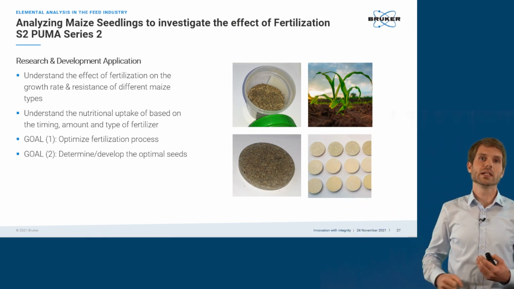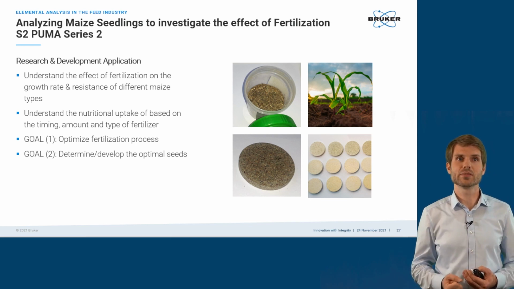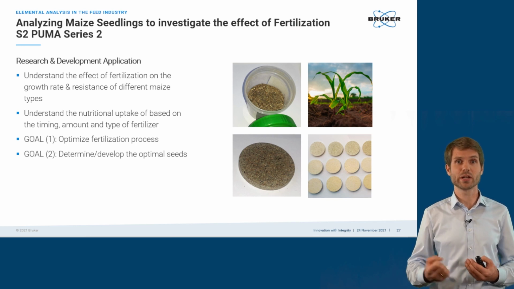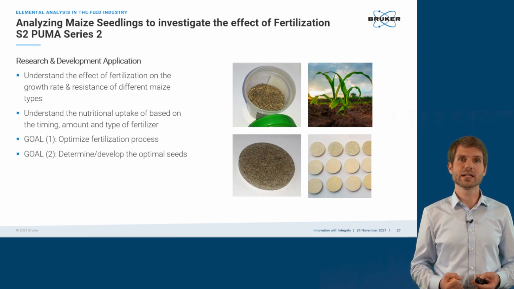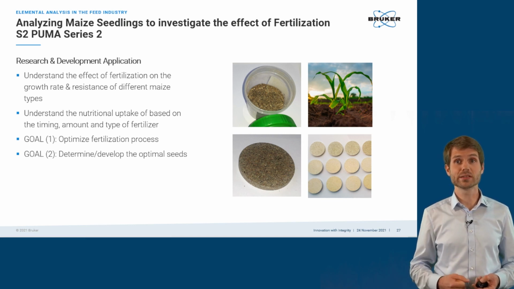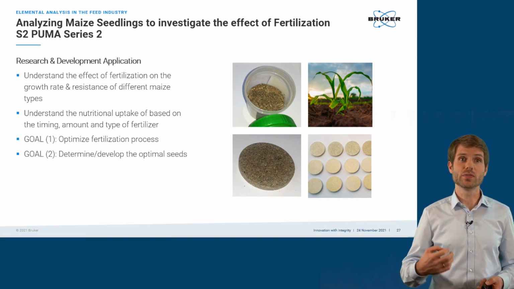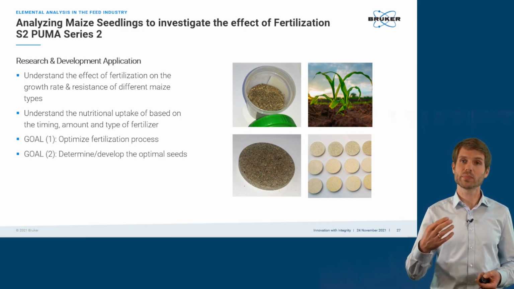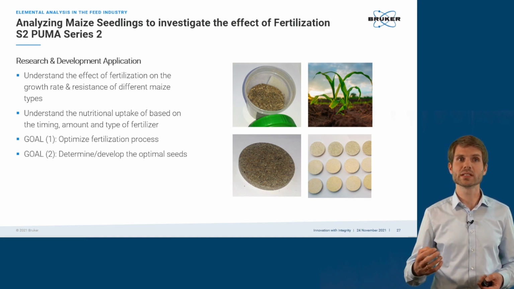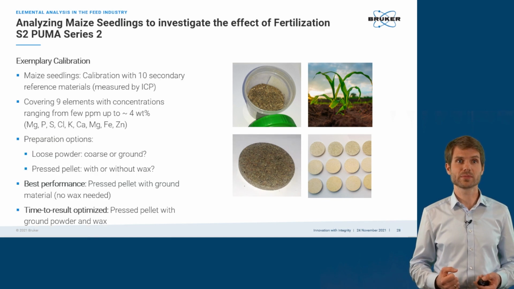from very young seedlings that were basically ground, slightly ground, I must say, dried and ground, so it's still relatively coarse, and then used with ICP as secondary reference to calibrate the instrument and then to measure a lot of samples to get an idea of the research questions at stake, basically the growth rate, the uptake of different nutritions from the fertilizers.